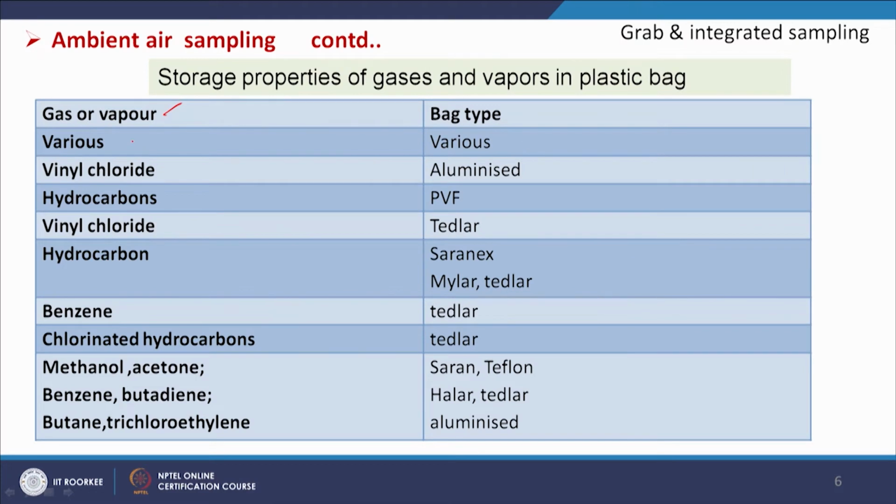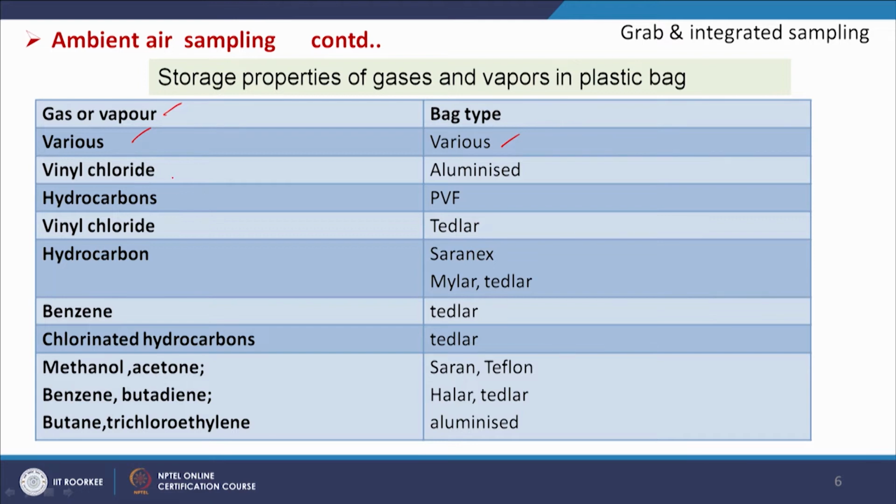If we have some idea of the components, we can accordingly select different materials for the collection of these gas samples. For various types of gases or vapors we can have various types of bags.